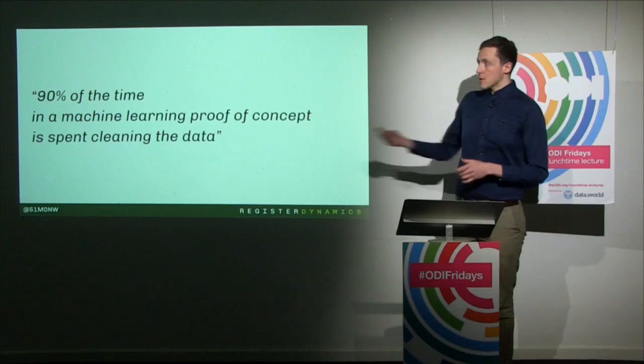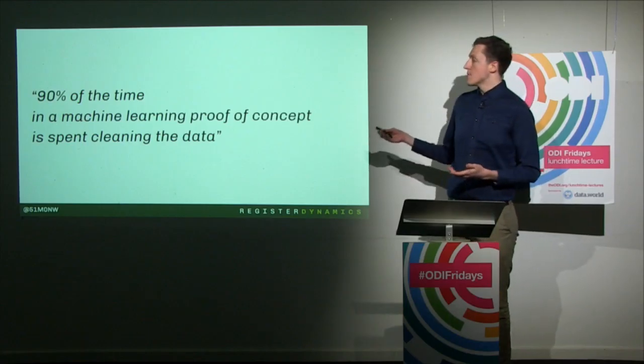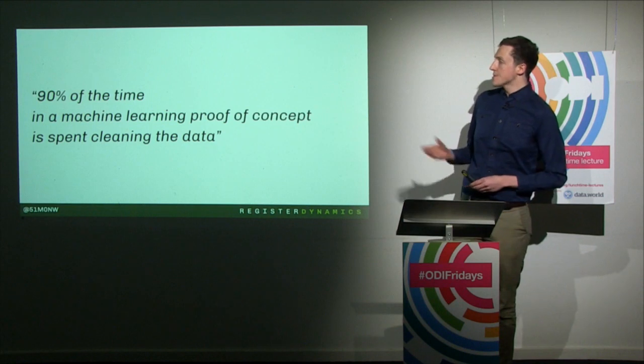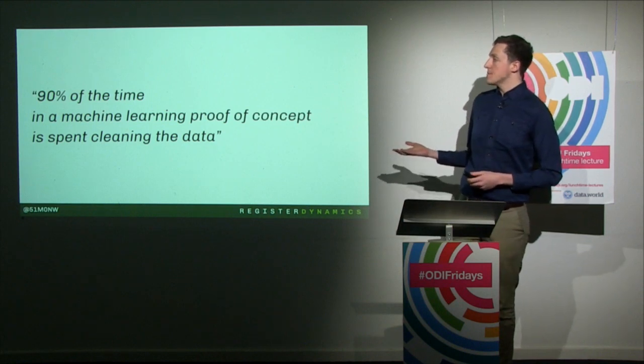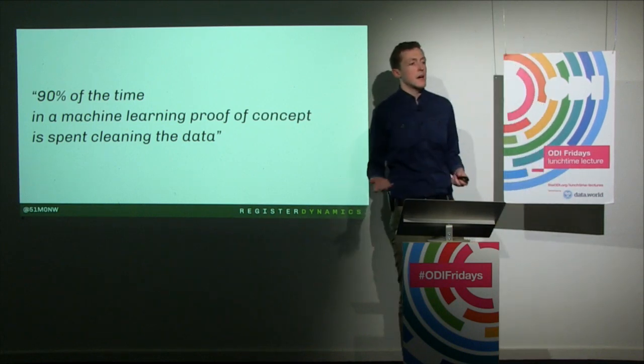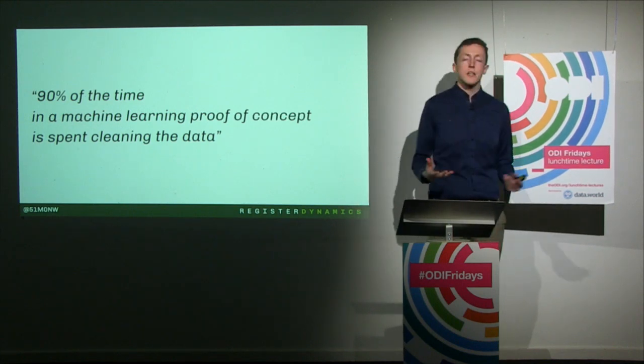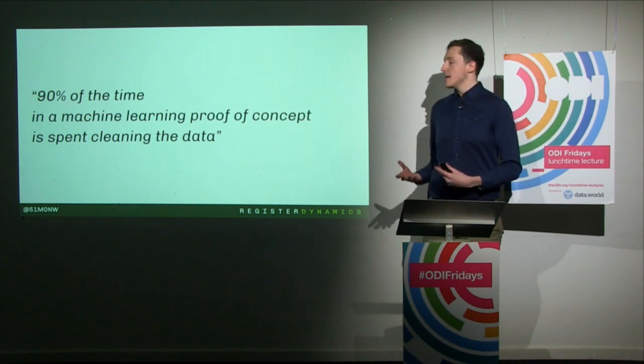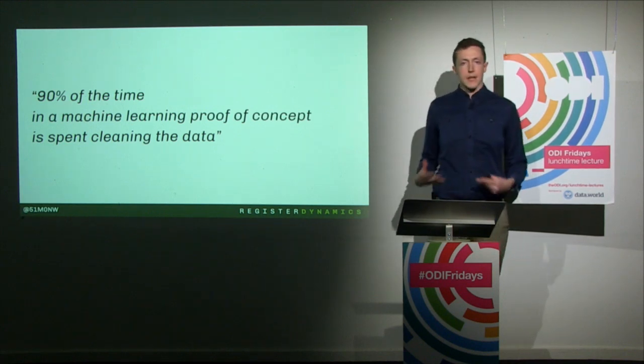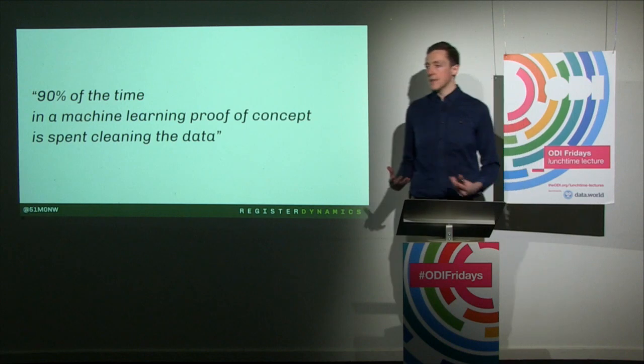This is a quote from one of our clients, and what they found is that 90% of the time of doing a proof of concept of machine learning or computer vision is spent messing with the data, cleaning it, making it tidy, making it work together.